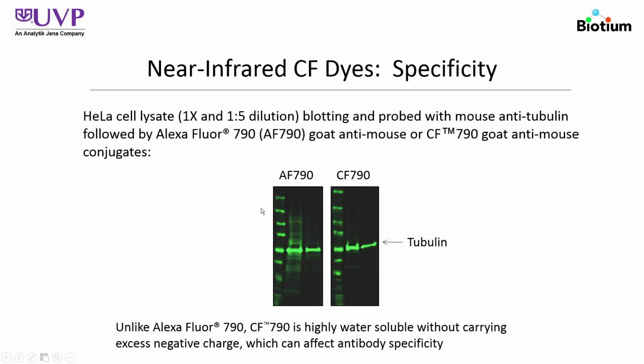What you can see here is that with the Alexa Fluor dye, you see a lot of nonspecific bands showing up, most likely due to all of those negative charges making the secondary antibody sticky and causing it to bind to nonspecific targets on the blot. Whereas with its improved water solubility but minimal charge, you see a much cleaner signal with the CF790 secondary antibody.